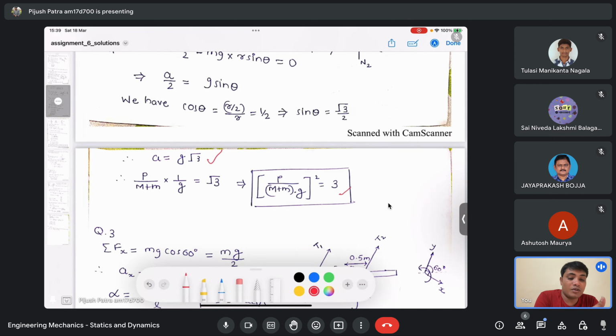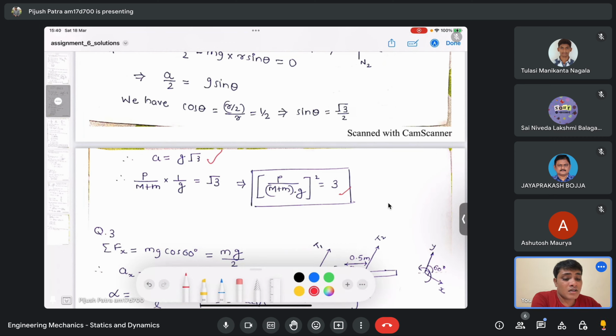In the first problem it was that rod, in the second problem it was the cylinder. The pseudo force is the mass of that element, which is the moving part inside the frame, not the mass of the entire system, into the acceleration of the entire system.